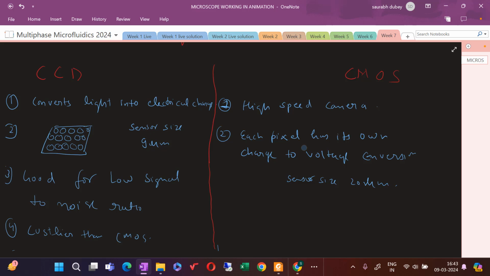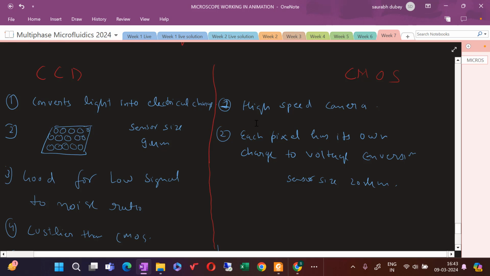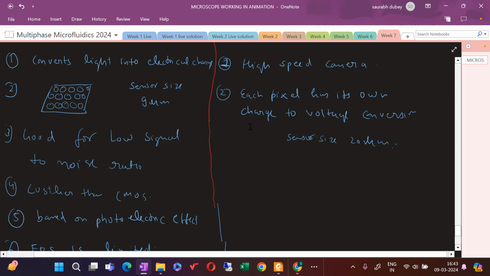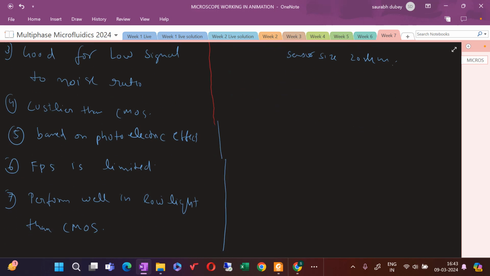These cameras need to be used along with zoom lenses or a microscope. The simplest microscope used in this is the bright field microscope. We have discussed all these different cameras, and we have also discussed bright field microscopy.